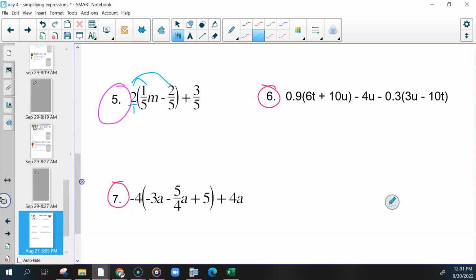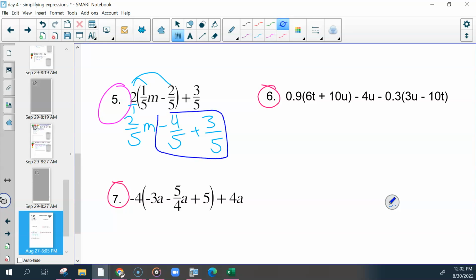If I was multiplying 2 by 1/5, what would that give us? 2/5. There we go. 2 times negative 2/5. Negative 4/5. Bring down your 3/5 at the end. Here we have like terms, just your constants.